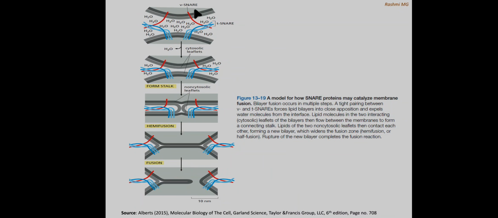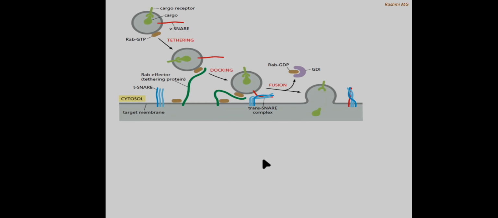So this is the model of how V snare and T snare get in contact with each other, and how the fusion takes place between the vesicle and the target membrane, as shown in this image.